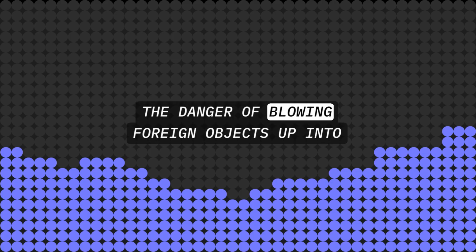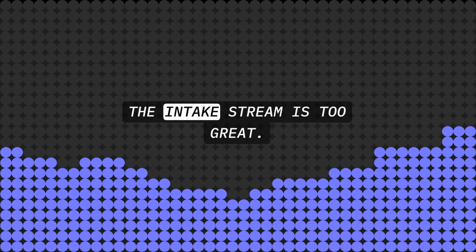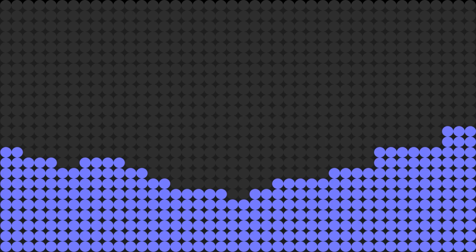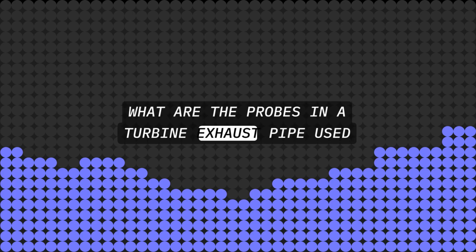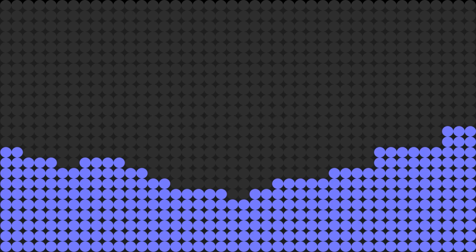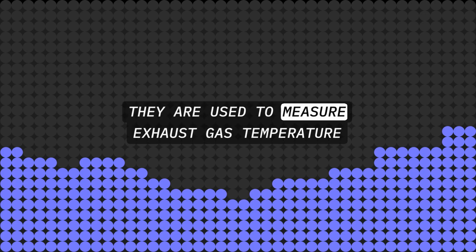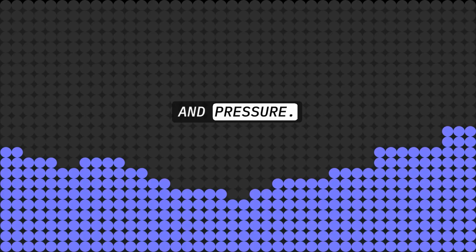The danger of blowing foreign objects up into the intake stream is too great. What are the probes in a turbine exhaust pipe used for? They are used to measure exhaust gas temperature and pressure.